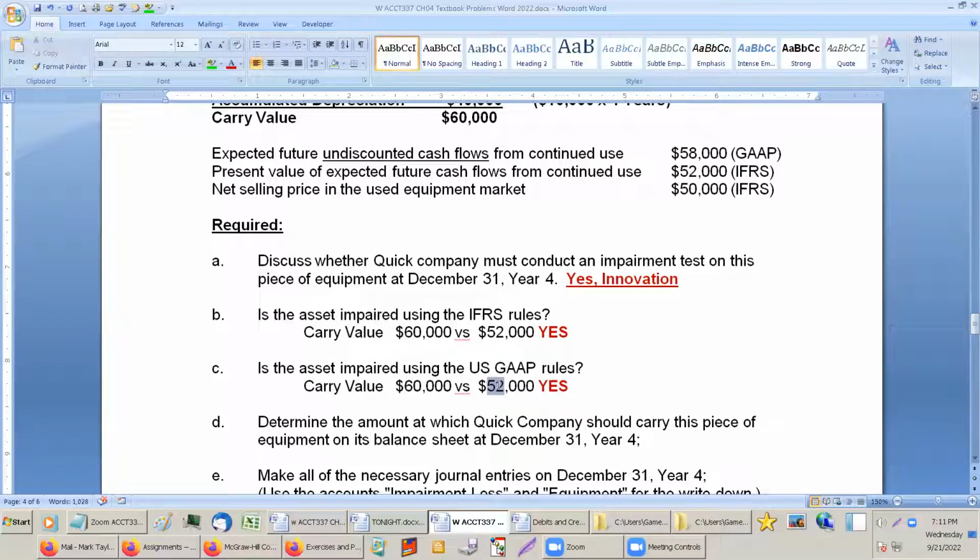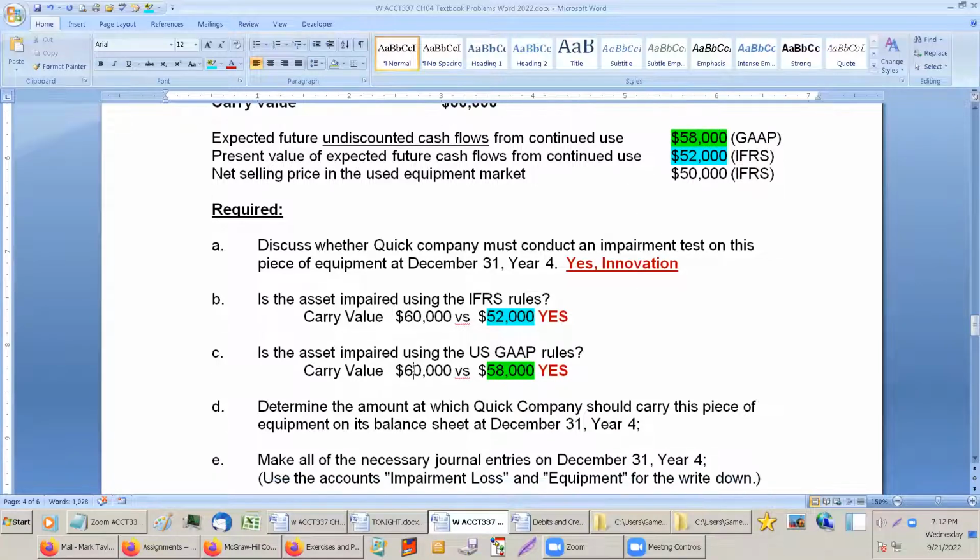US standards use the undiscounted cash flow. So let me color coordinate these. So this is the GAAP, and this is the IFRS. So they're both impaired. The undiscounted cash flows are for GAAP. The discounted cash flows are for IFRS.